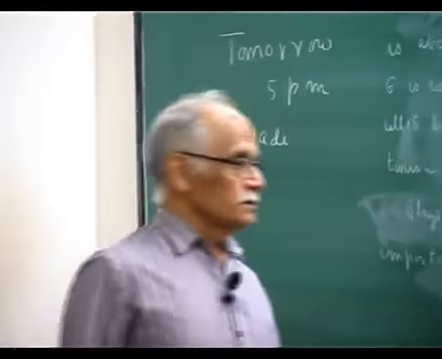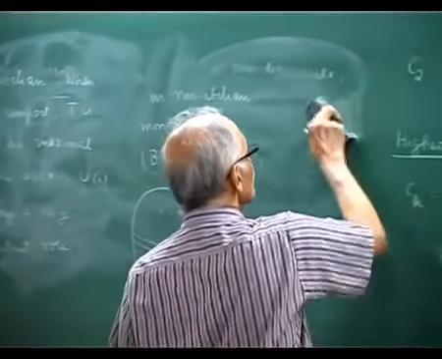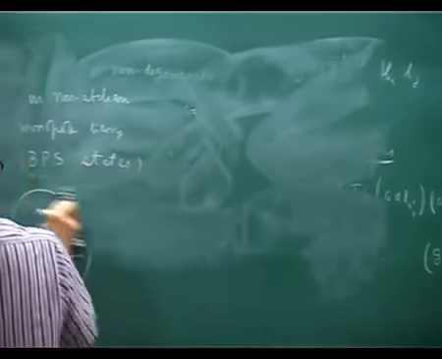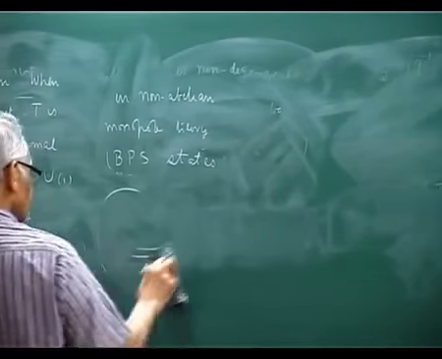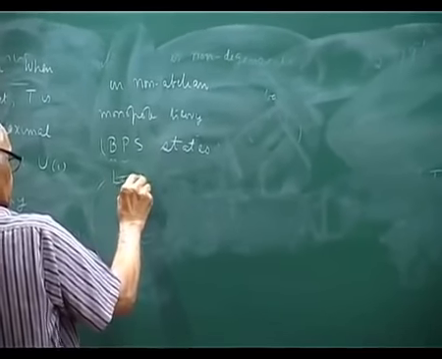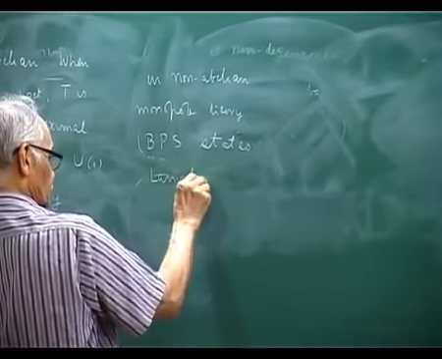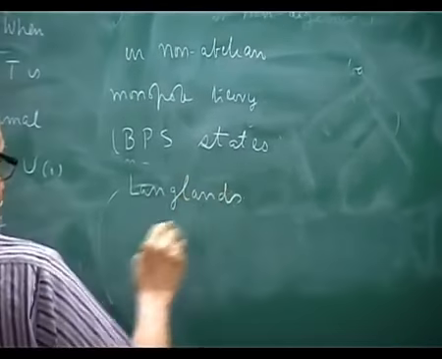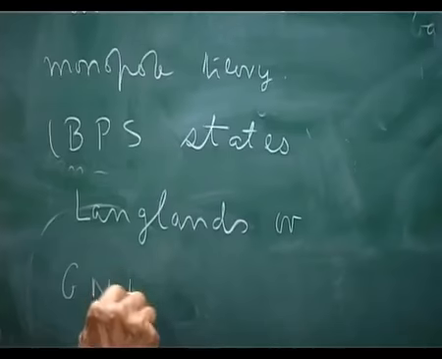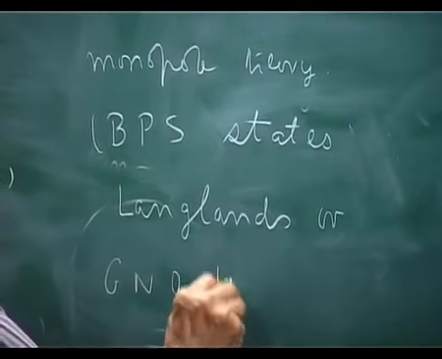So what is it called? Langlands. Some strange thing in mathematics. Langlands duality, or GNO, Goddard-Nuyts-Olive duality.